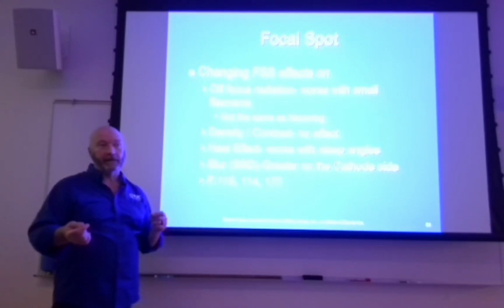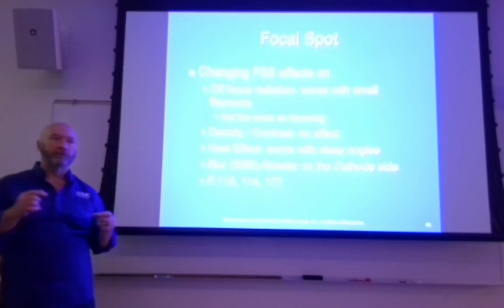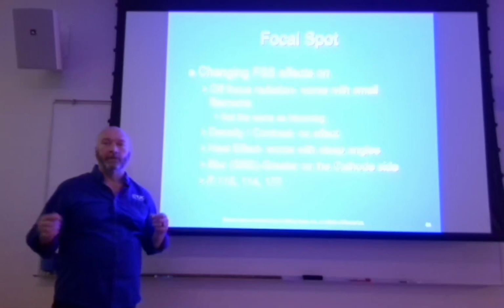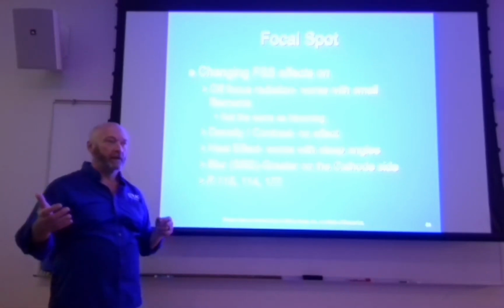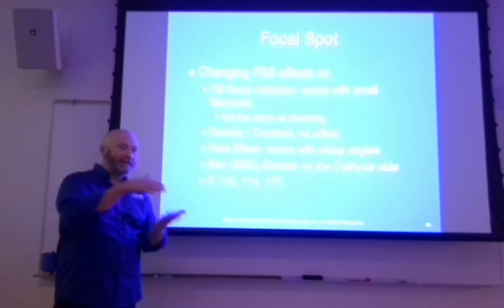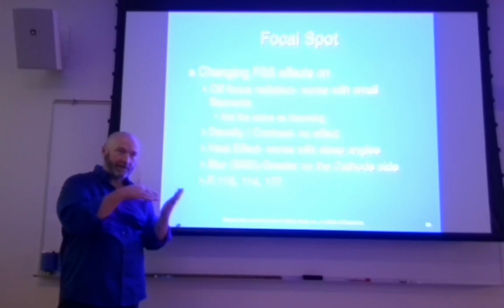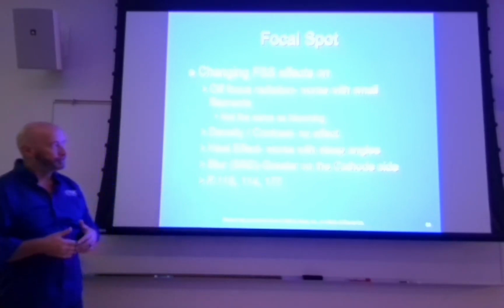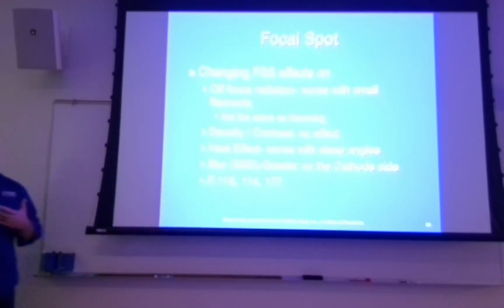It can't be over that. But if your stated focal spot size is maybe 1.3, it can only be about 30% over that. So the smaller the focal spot size, the harder it is to contain those electrons just down to that focal spot size. So it's not just a product of blooming or off-focus radiation. It's pretty much all focal spot sizes behave that way.